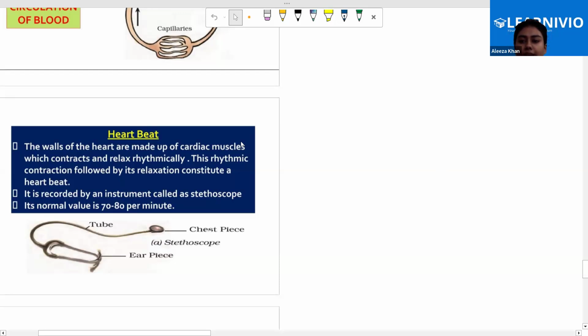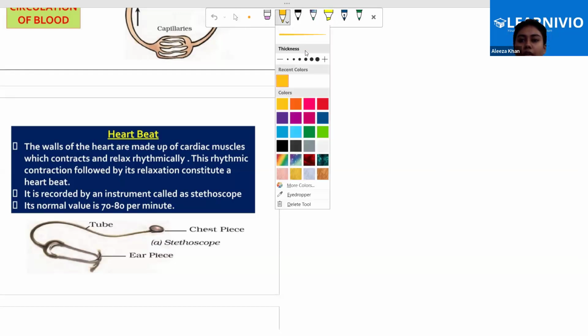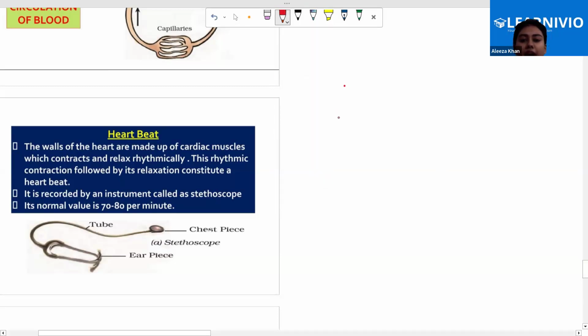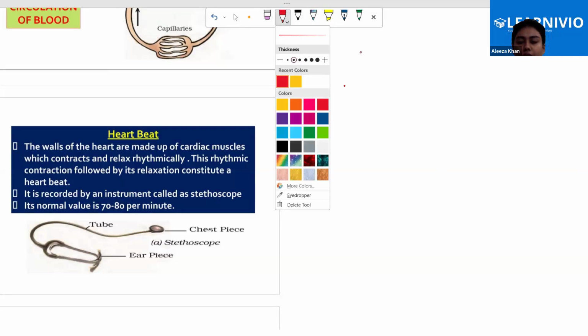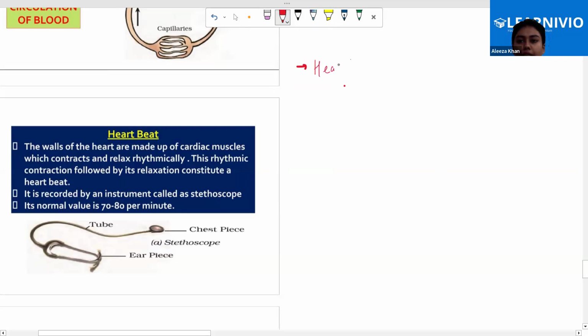Okay. Now let's start with the heartbeat. If I say that the heartbeat is the sound or the number of times your heart contracts and relaxes to pump the blood. If I talk about the heartbeat, it is the number of times the heart muscles contract and relax to pump the blood.